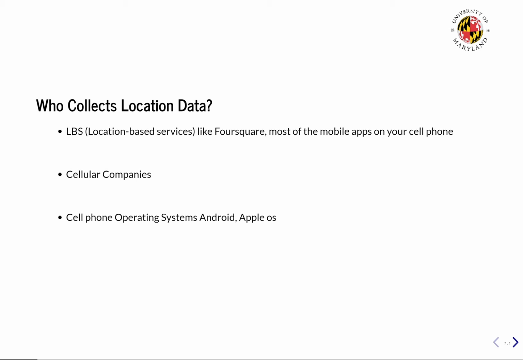Even cellular companies like T-Mobile and AT&T and even Sprint and other cellular companies also collect data. Cell phone operating systems like Android or Apple OS also collect location-based data.